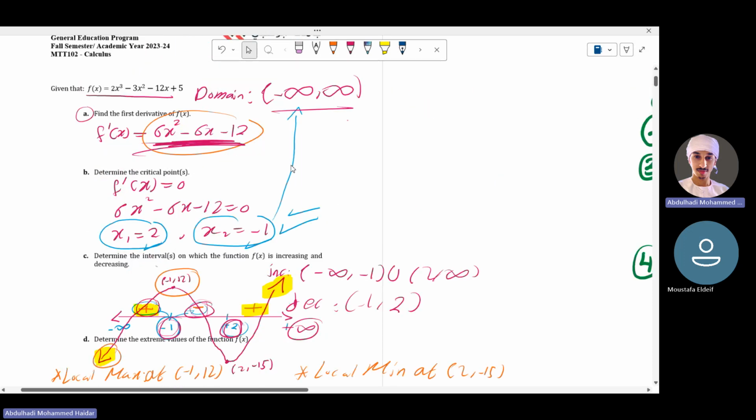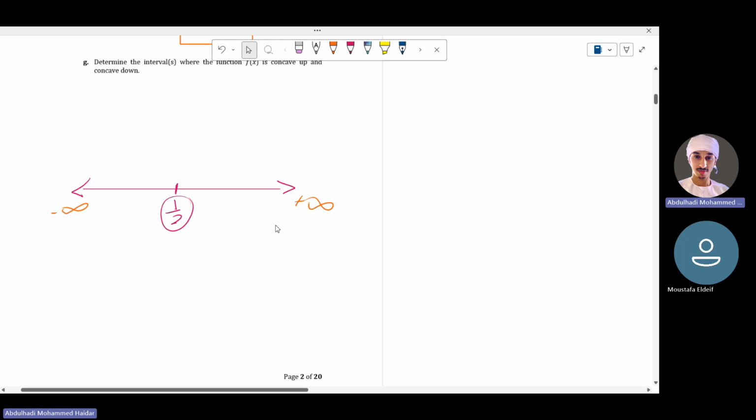So 2 multiplied by (1/2) cubed minus, and so on. So it's going to be what? Minus 3/2. So the point is down, since it is negative, so it is 1/2 minus 3/2.